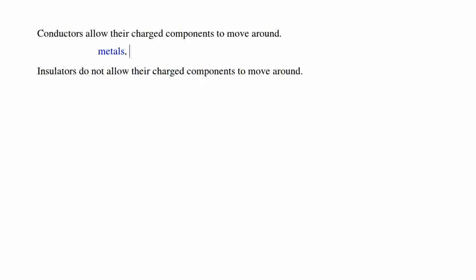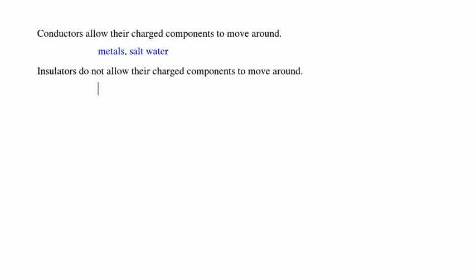So metals are examples of conductors. Also, salt water. Remember that in salt water, the molecules of salt dissolve into ions. Those ions can freely move around in the water. So that's another example of a conductor.